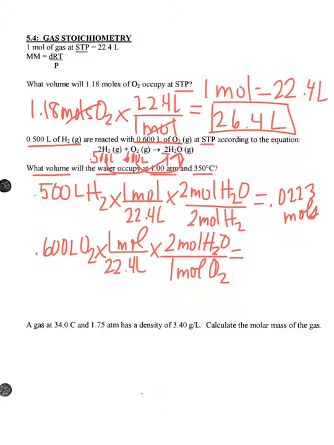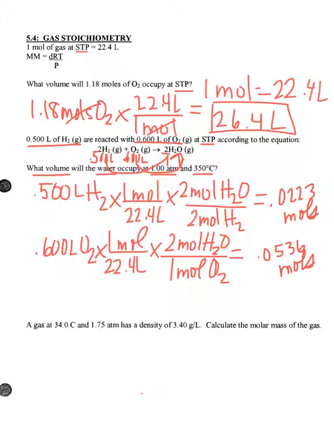All right, let's check the other one. 0.6 divided by 22.4 times 2. That one I got 0.0536 moles.